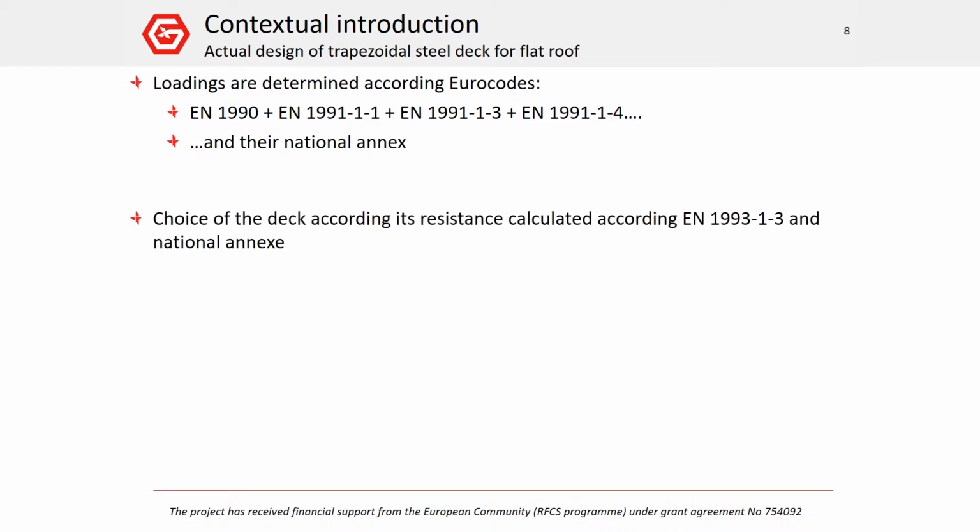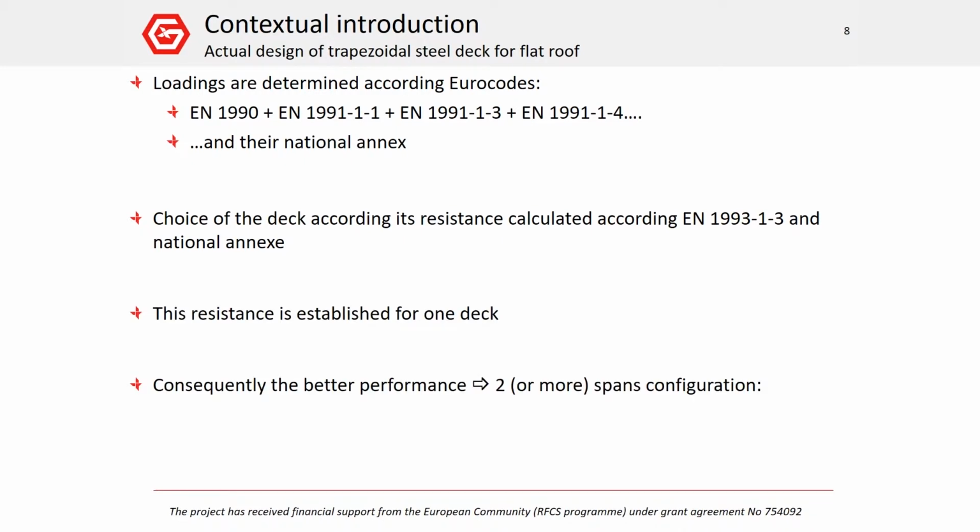The Eurocode 3-1-3 allows determining the resistance of a steel deck and thus its choice. This resistance corresponds to a single steel sheet, and considering the classical resistance of materials, the best configuration is to have a steel sheet on two or more spans.